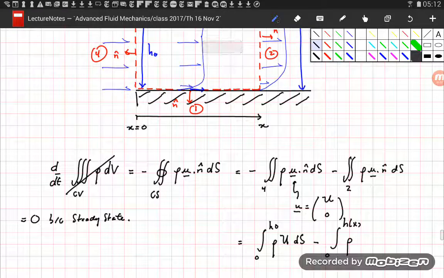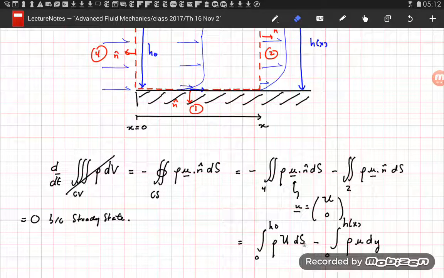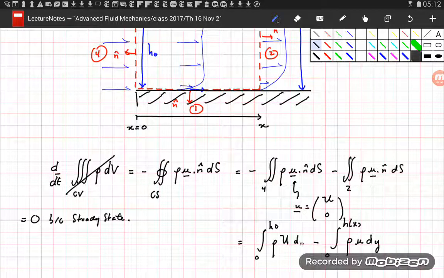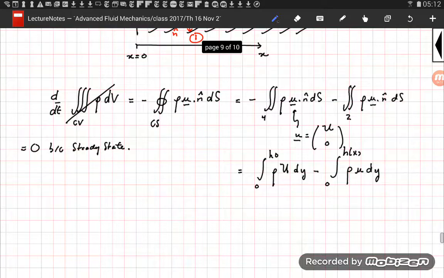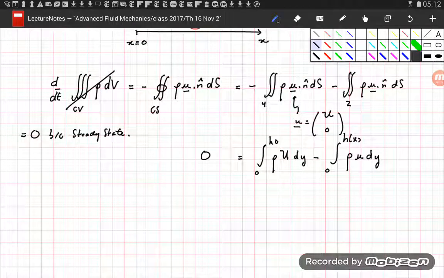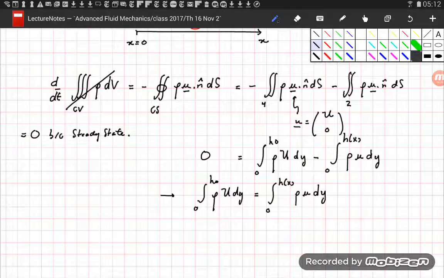There might be a small component in the y direction, but we are projecting on x anyway, so this is rho times u dy, sorry, I shouldn't write ds, I should write dy. And this is equal to 0, and therefore for mass conservation we get that the integral from 0 to h naught of rho capital U dy is equal to the integral from 0 to h(x) of rho u dy.